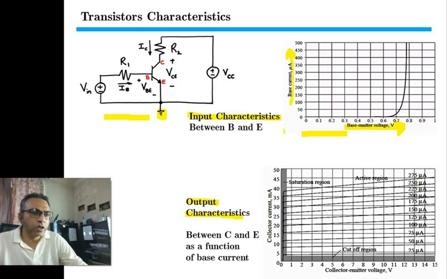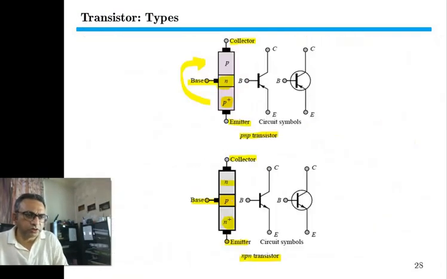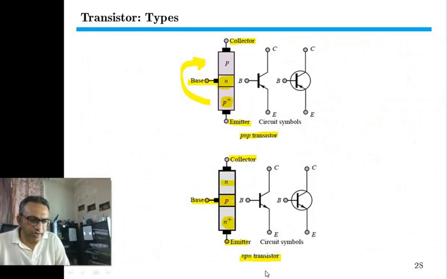Now, to determine the input characteristics, we must not forget that the base emitter of a transistor is a PN junction. If we go back a few slides, like the one shown over here, let us look at the NPN transistor. This is the base terminal and this is the emitter terminal.